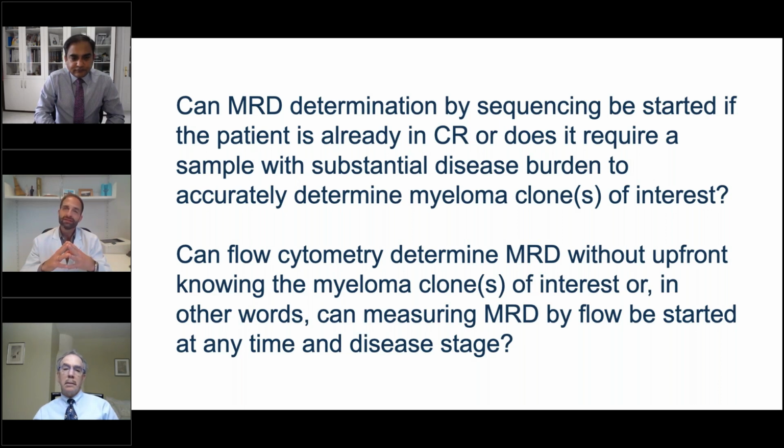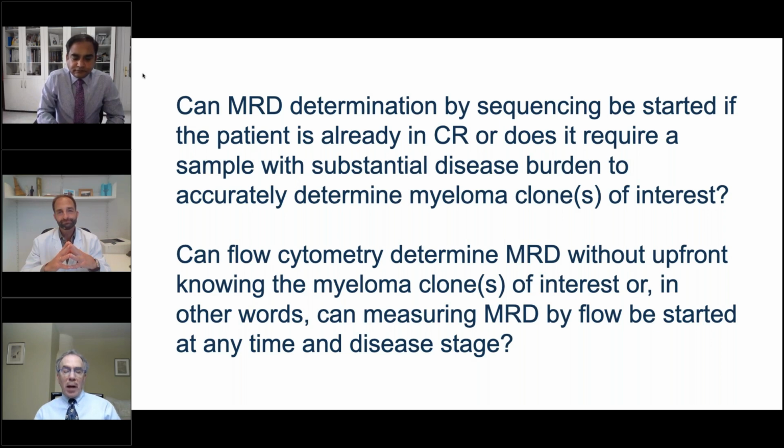Obviously, not to the extent that we see, for example, in AML, but also in myeloma, some cases do show phenotypic shifts from diagnosis to treatment. Therefore, information at diagnosis is helpful. It is not mandatory to perform MRD assessment, and at any time you perform MRD by flow, always focus on differences from normal, aberrant phenotypes, regardless of the phenotype that was identified at baseline.